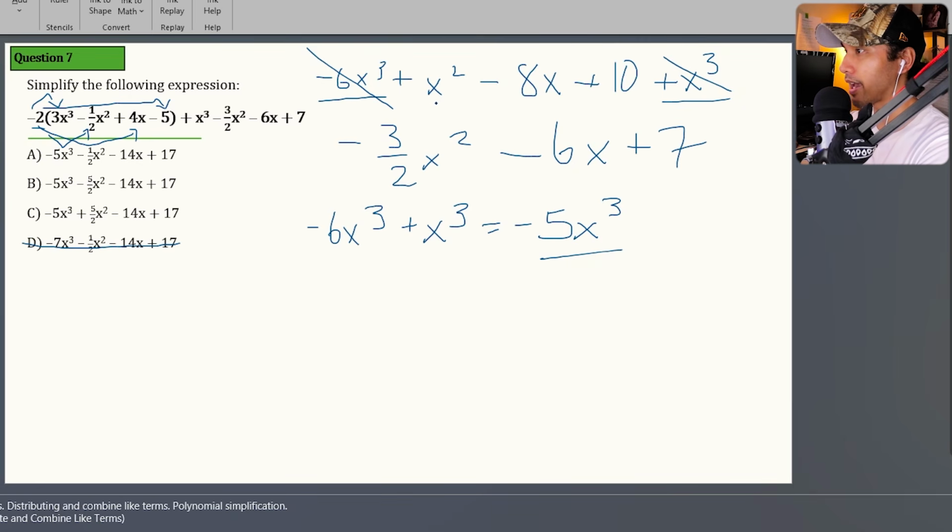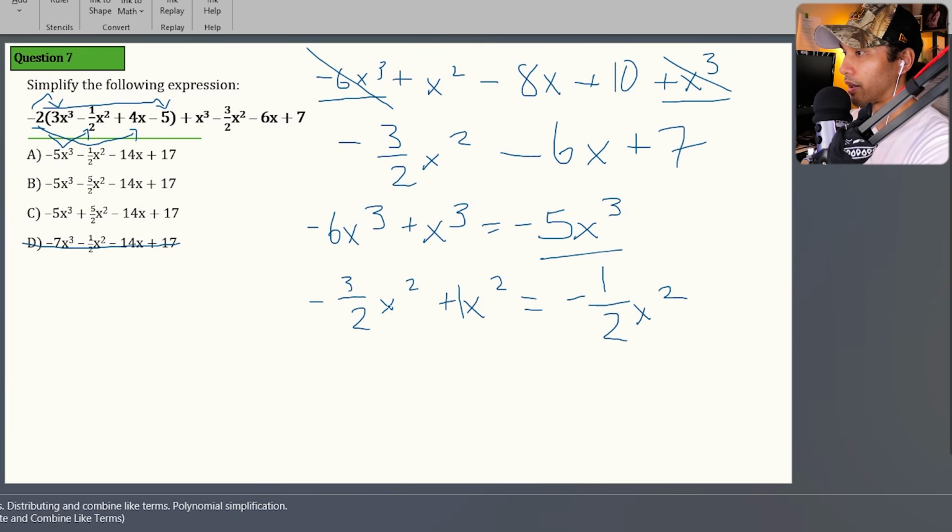So what's next is x squared and -3/2 x squared. So I'm going to write that down. -3/2 x squared plus x squared. That equals... So this is like a 1, right? Just for you guys in reference. And all this equals is -1/2 x squared, right?